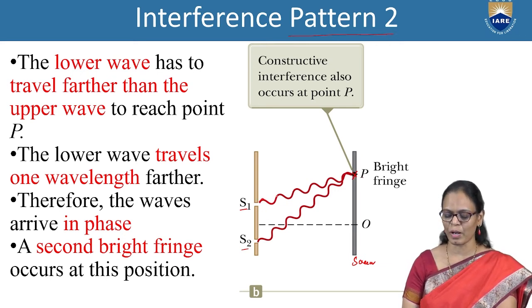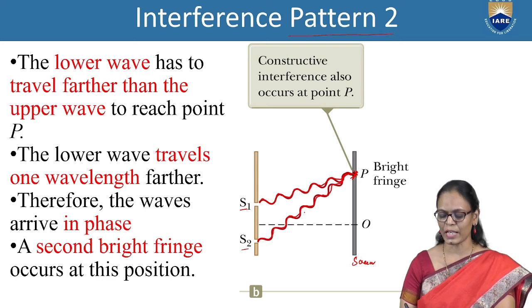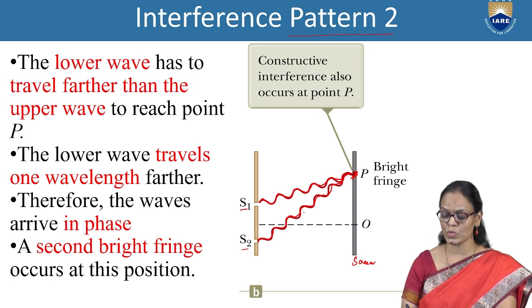So this is the wave coming from the source S1 and reaching the point P. There is another wave coming from S2 and reaching the point P. Now if you see, the distance traveled by these two waves is not the same. When you compare the two waves, the wave that is coming from S2 is traveling a larger distance when compared to the wave coming from S1.